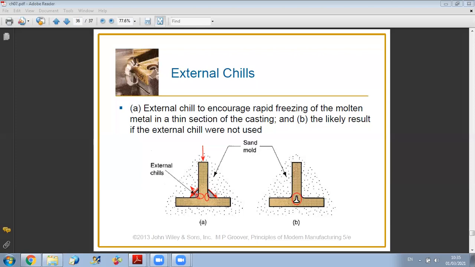By putting external chills, you will minimize the effect. Instead of having a big shrinkage cavity, you will reduce its size. If you don't have external chills, you will end up with a certain shrinkage cavity, while with the presence of the external chill, you can avoid this. Okay.